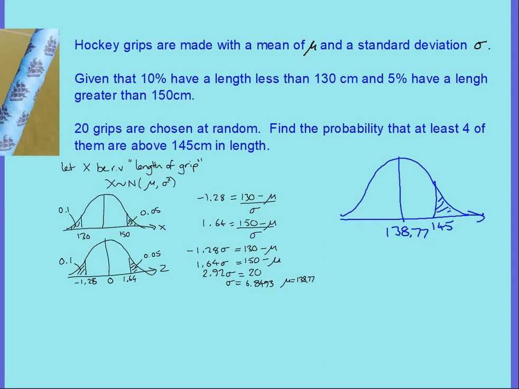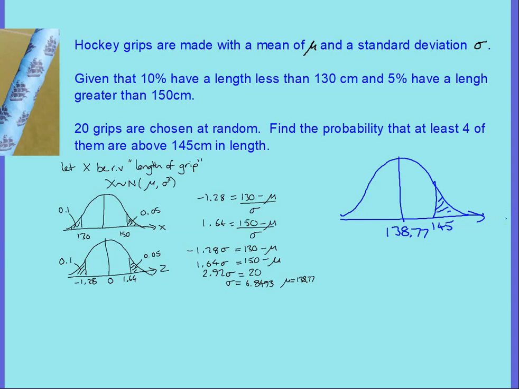So menu 7. This time I'm going to use, because I don't know this, so I'm not going to use the inverse. I'm just going to use the normal CD. My lower, I'm going to put just 0. That's the lowest length it could ever be. The upper length, I'm going to put 145. You could put 145 as the lowest and like, say, 1,000 up here.